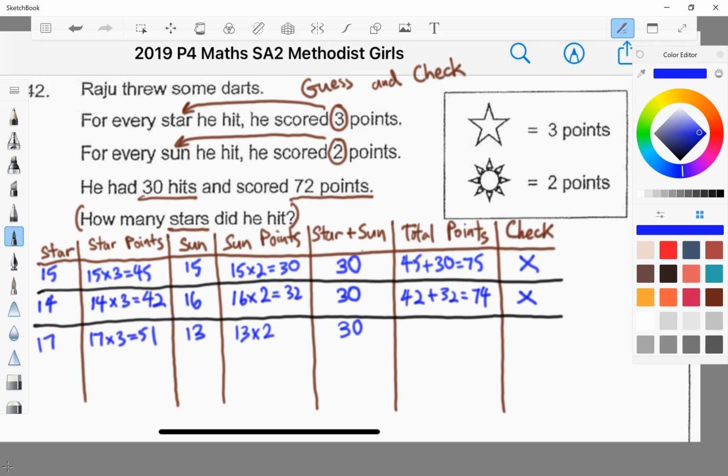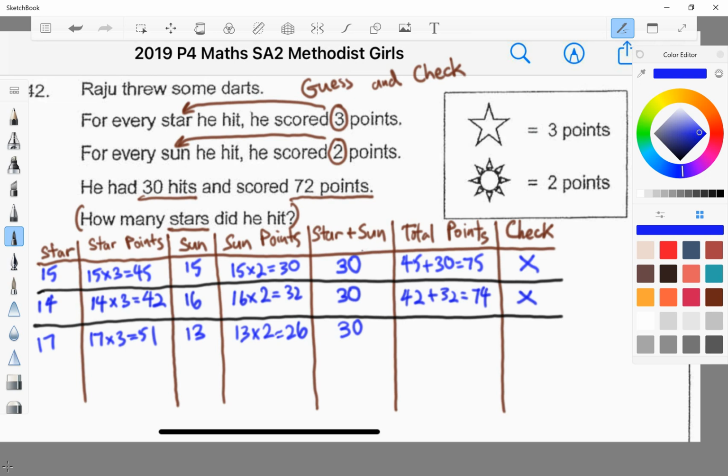My suns are supposed to increase, not decrease. So if I proceed with 13 times 2, 26, and I add up my 51 and 26, I'll realize that my total points increase to 77, which is not what we want.